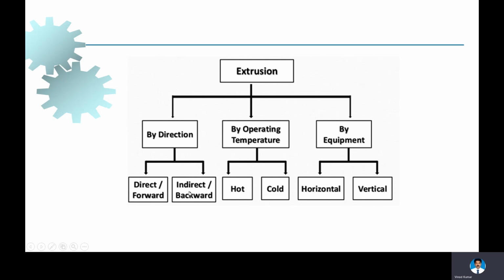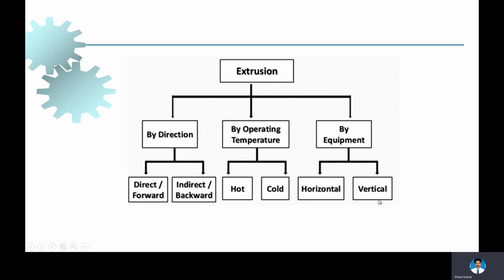If the movement of the ram forces the material in the opposite direction of the ram, that is called indirect extrusion. That means the movement of the material or product will be opposite to the direction of movement of the ram. Based on direction, we have direct and indirect extrusion. Then by temperature, hot and cold: if above recrystallization, we call it hot extrusion, and at ambient condition, cold extrusion.